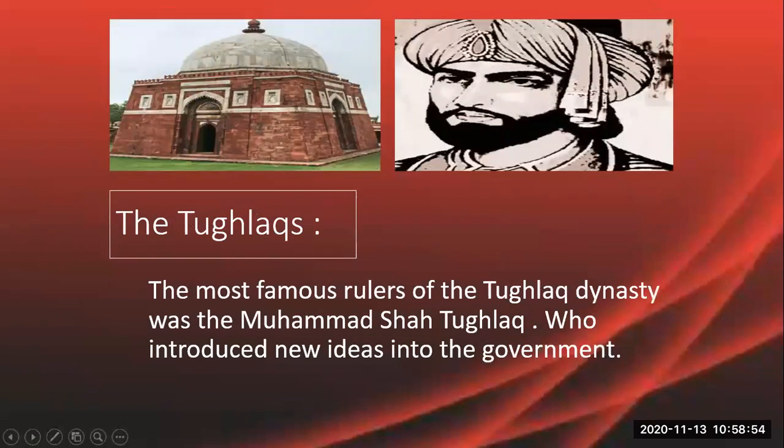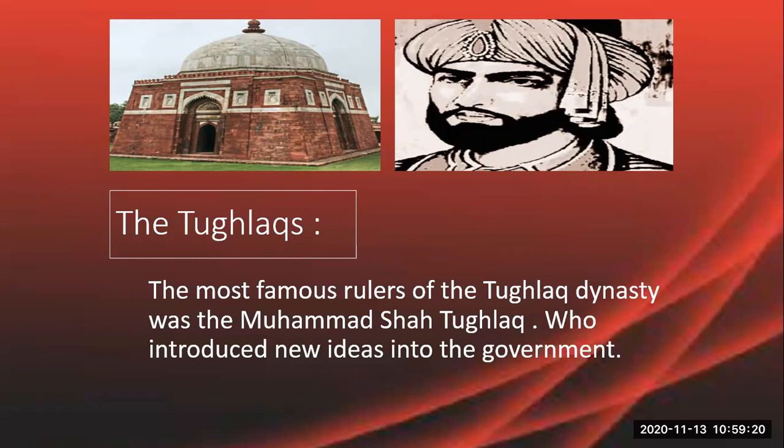Afterwards, the Tughlaqs. The most famous ruler of the Tughlaq dynasty was Muhammad Shah Tughlaq, who introduced new ideas in government, but people were not happy with him. That is why he is also known as the educated fool.